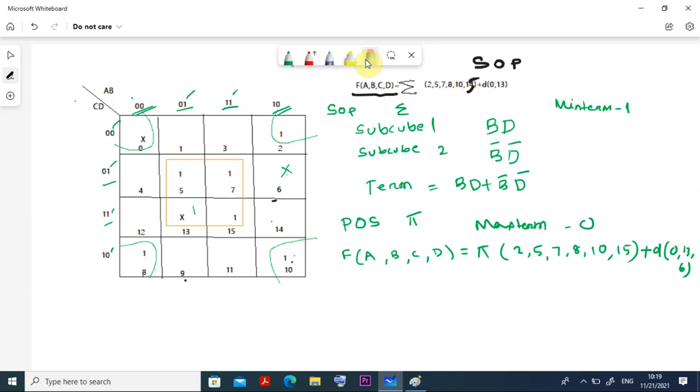Let me clean this and I will tell you all things, right? So in that case, x will be there, but in case of 1 it will be 0, because we are going for the product of sum. So I am overwriting here. I am writing, and you take 2. At 2 it should be 0. Where is 2? 0 1 2, here it is.